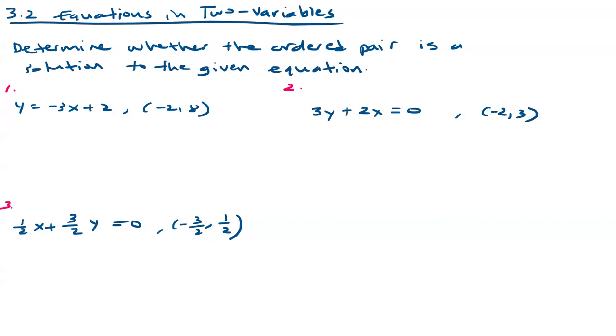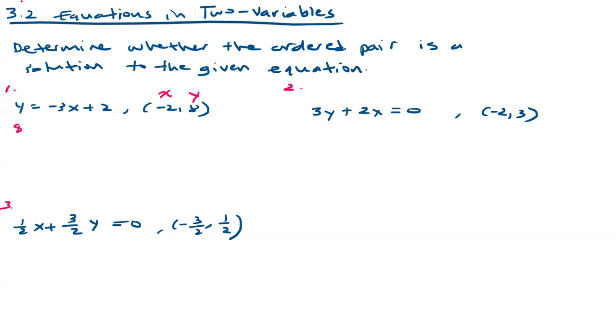Okay, so for this, we want to determine whether the ordered pair is a solution to the given equation. So all we have to do is plug in our values, and see if they are equal or not. So for the first one here, we have negative 2, 8. So negative 2 is our x value, and 8 is our y value. So I just plug it in.